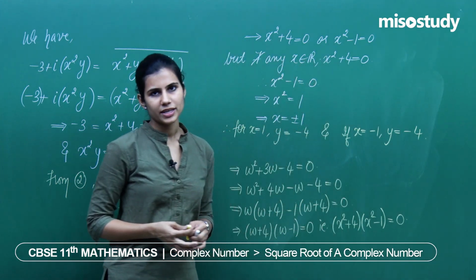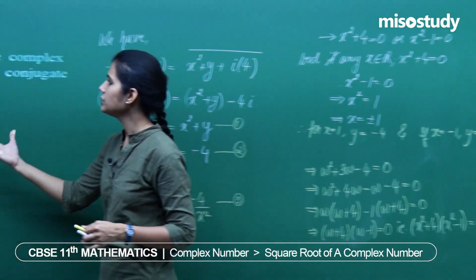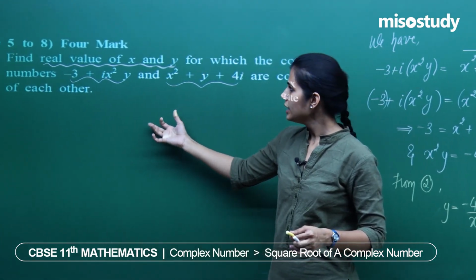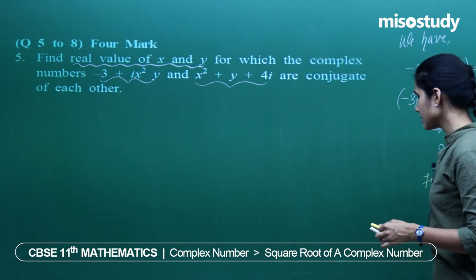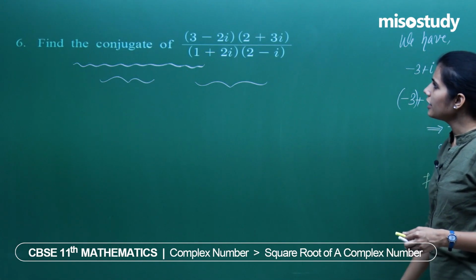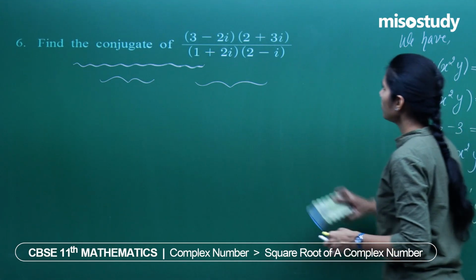So the real values of x and y which make these two complex numbers conjugates of each other are x = 1, y = −4 or x = −1, y = −4. These are the values.